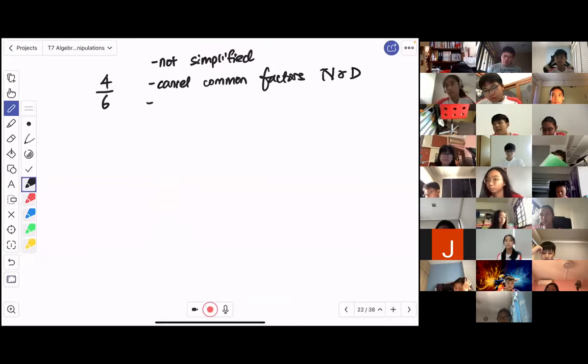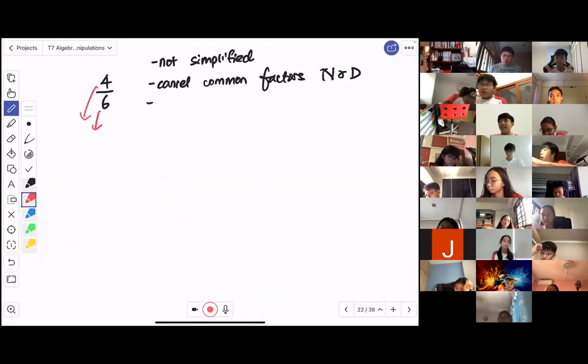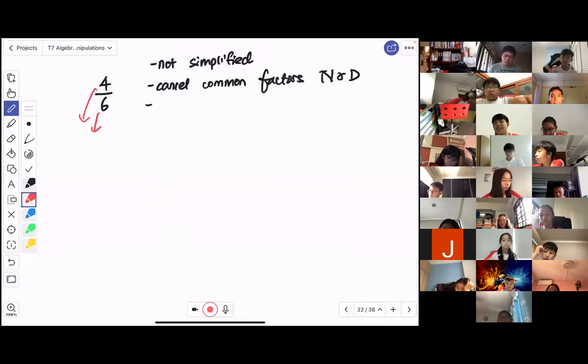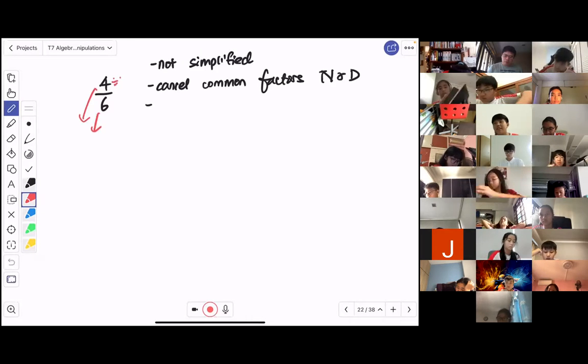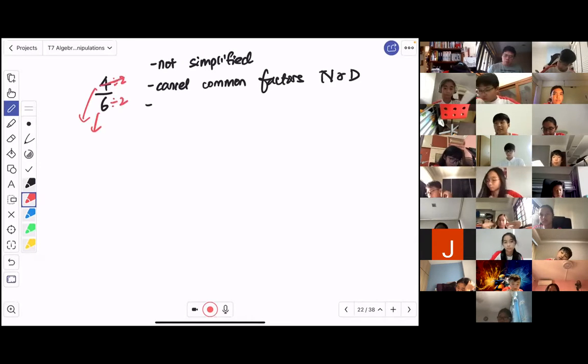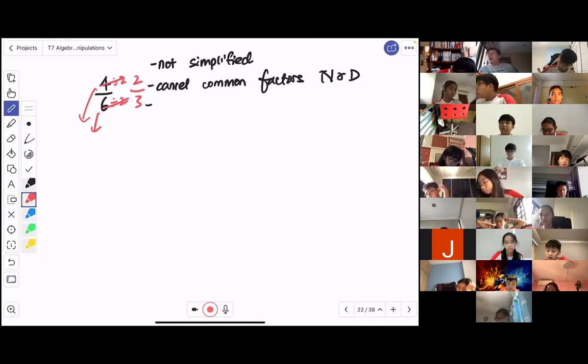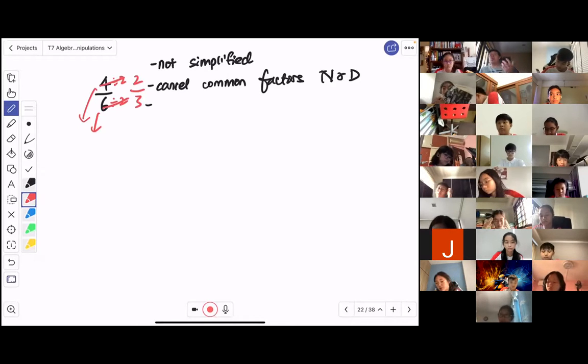So, for example, we look at 4 and 6. If I divide by 2 top and bottom, I get 2/3. So that's for a numerical fraction. So how do we look at algebraic fractions?